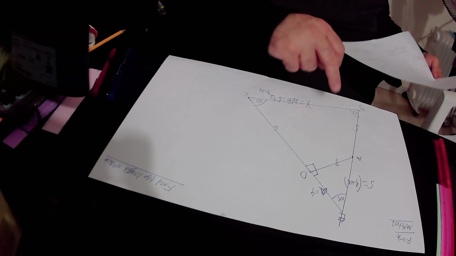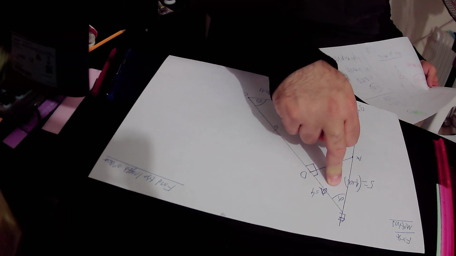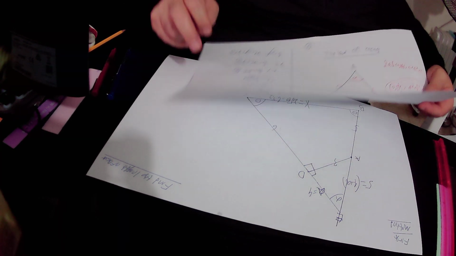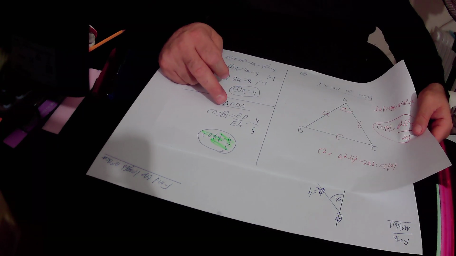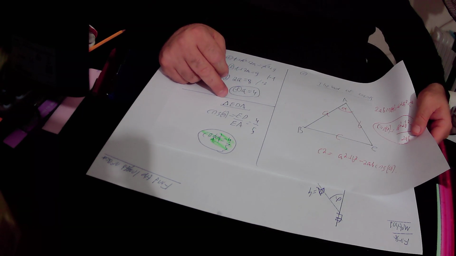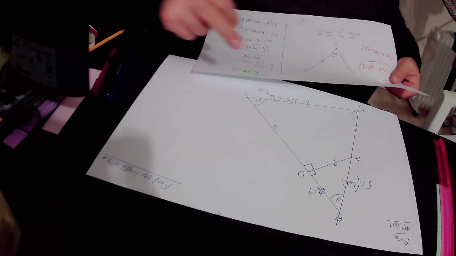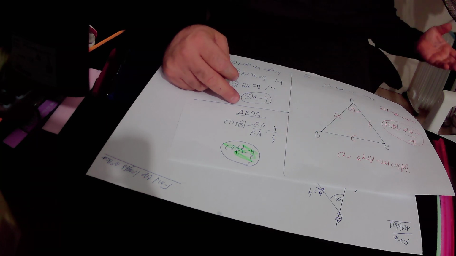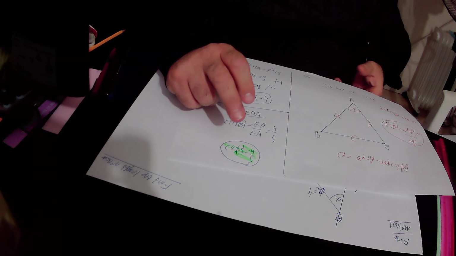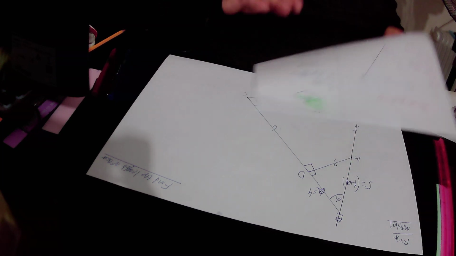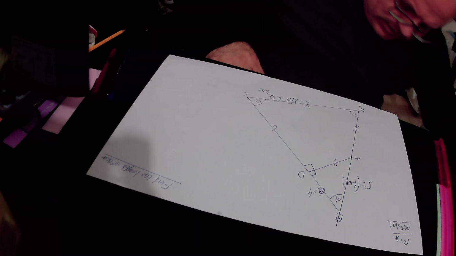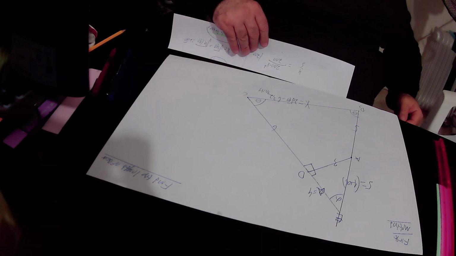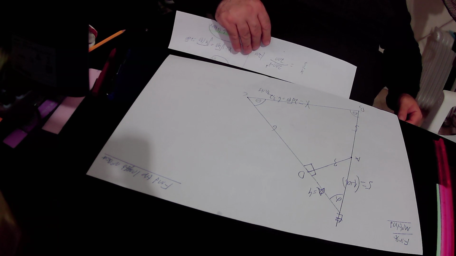ED equals 4, AE equals 5. So in conclusion, cosine alpha equals 4 over 5. Then, in triangle EBC, we implemented the law of cosines.